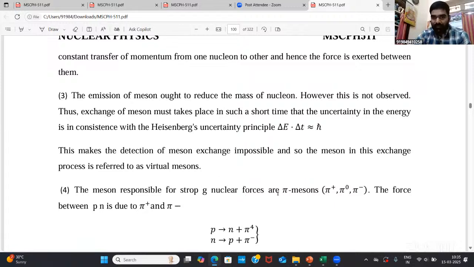These pi mesons are responsible for the nuclear forces. The force between proton and neutron is due to the pi plus and pi minus.